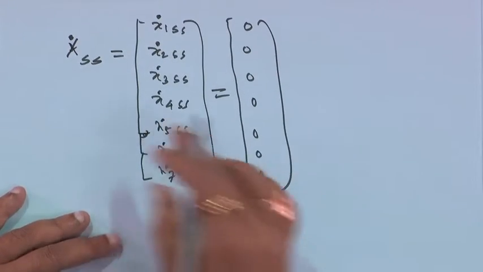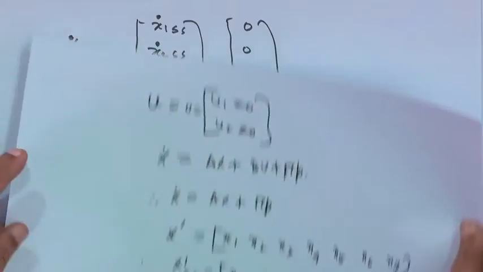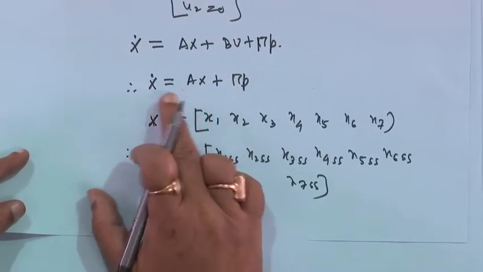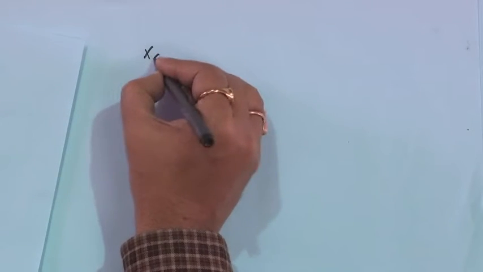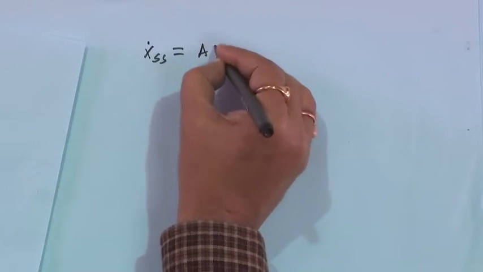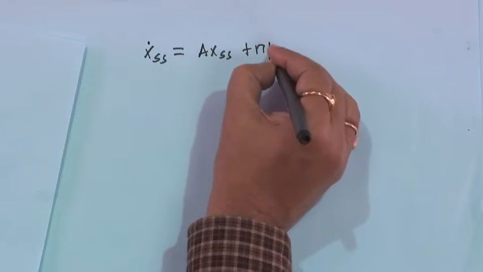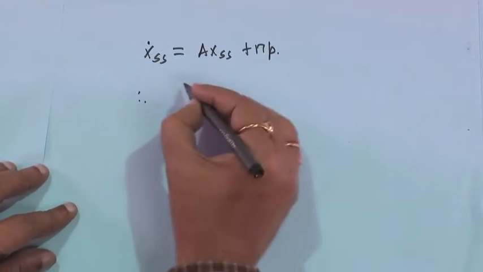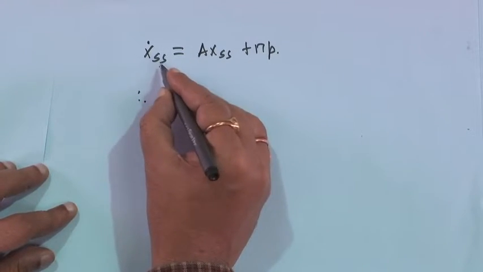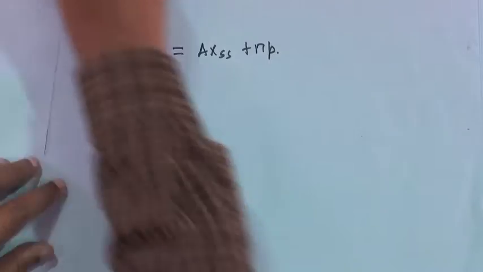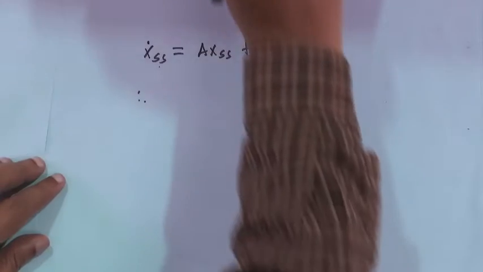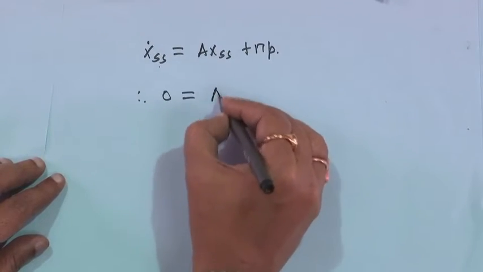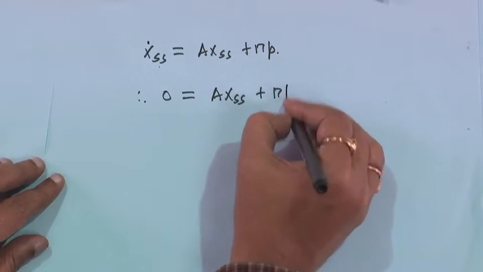Therefore, in this equation when you put x equal to x SS, you get x SS dot is equal to A x SS plus gamma p. I told you that at steady state all the derivatives are 0, so all x SS dot will be 0. Therefore, 0 is equal to A x SS plus gamma p.